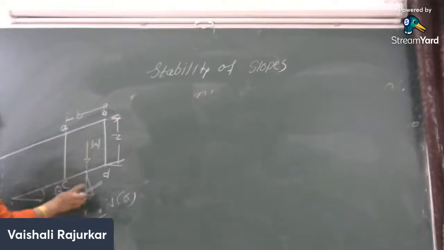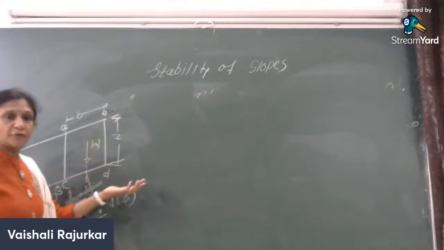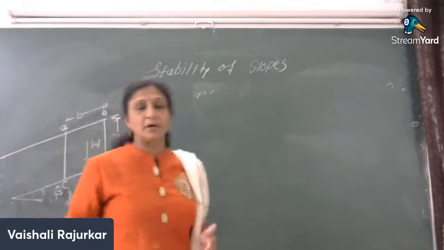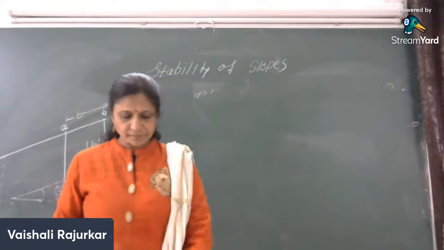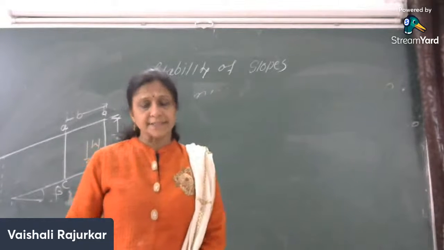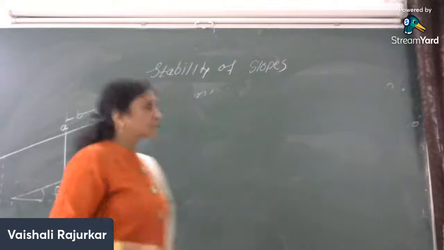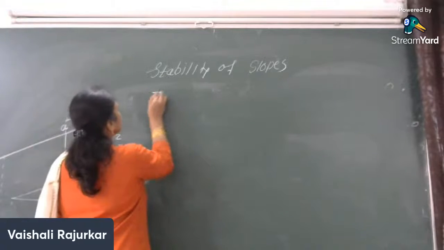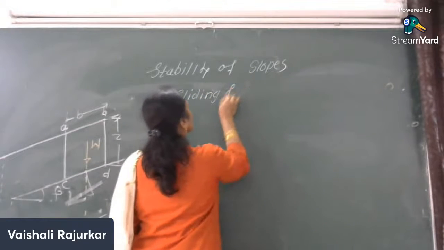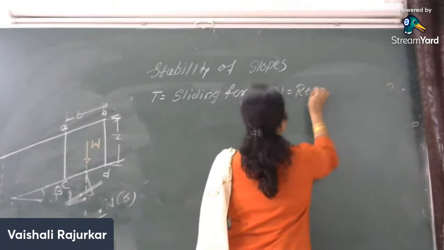So this force which causes the movement of the soil mass is called the activating force, and the normal force which tries to resist it is called the resisting force. So here we will consider T as the sliding force and N as the resisting force.